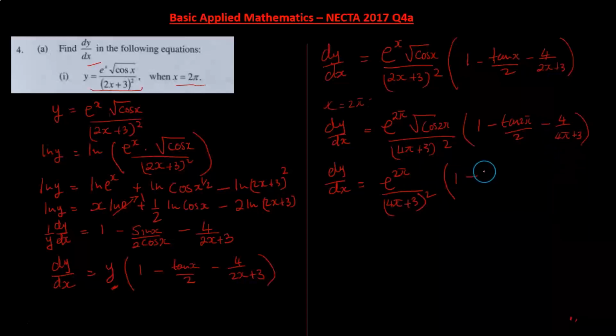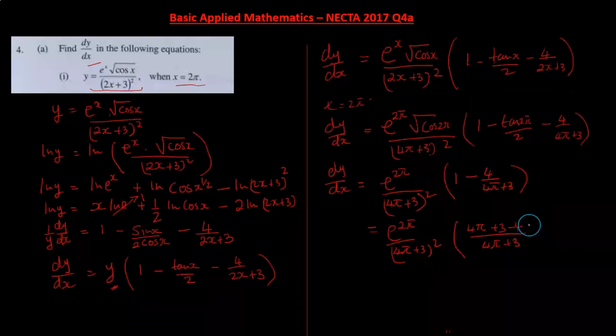So let's just write that down. Let's rearrange this again, so I'll simplify rather. e^2π over (4π + 3)², and take the same denominator. This will give you (4π + 3 minus 4) over 4π + 3.